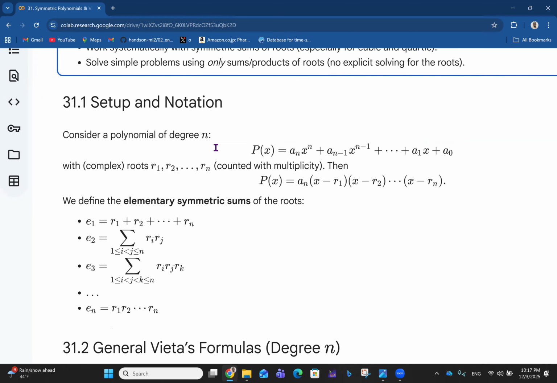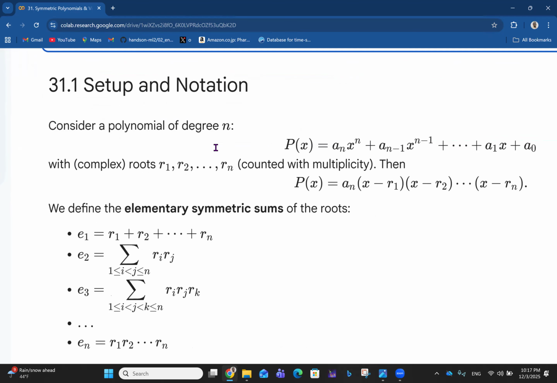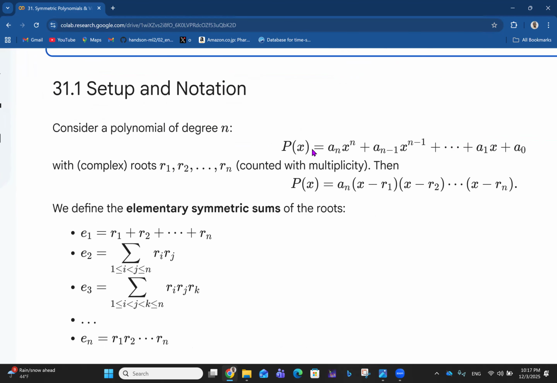Okay, so setup and notation, first of all. Consider a polynomial of degree n. We have seen this several times: P of x is a_n x raised to power n plus a_(n-1) x raised to power n minus 1, plus all of that, plus a_1 x plus a_0, with complex roots r1, r2 up to rn counted with multiplicity.